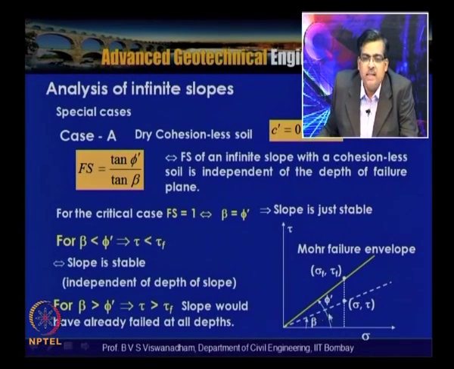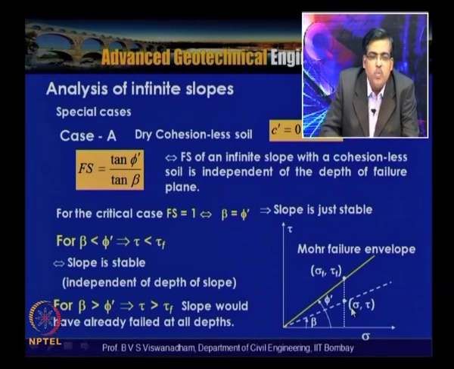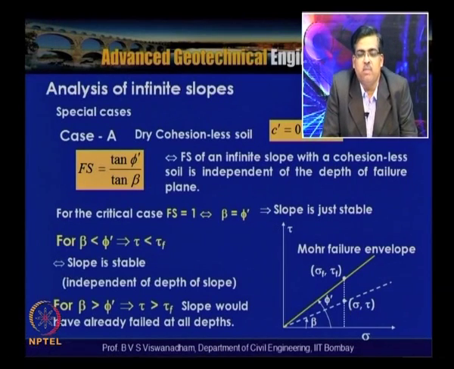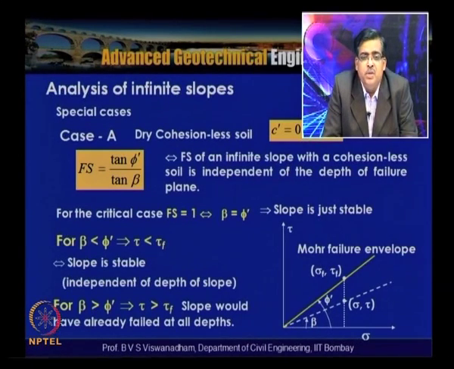As long as beta is less than phi dash, the slope is stable independent of the depth of the slope. Even if the depth of the slope is 2000 kilometers or more, stability is ensured. If beta is equal to phi dash, the slope is on the verge of failure, at the critical factor of safety of 1, and is said to be just stable.